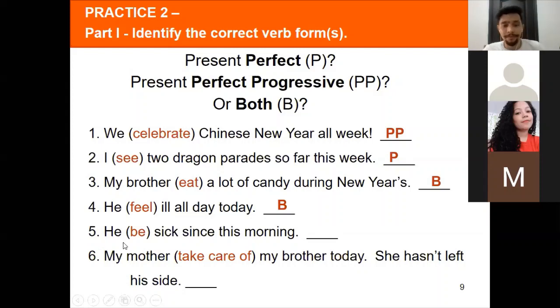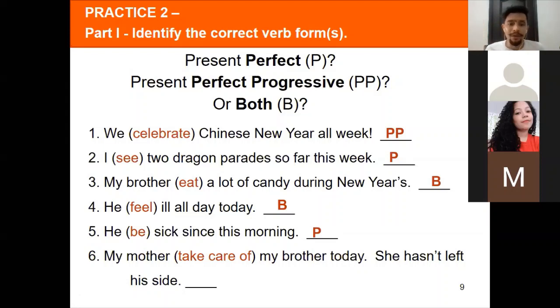Number 5. Present perfect progressive. Okay, that's what I wanted you to say. Here, guys, when we use some verbs like the verb be, the verb have, the verb know, the verb understand, the verb see, and some other verbs, right?